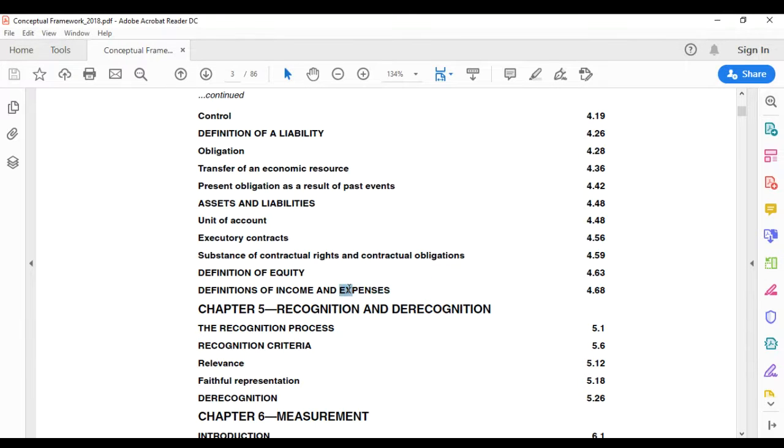So for each of them we're going to have a definition, and we must not only know the definitions, we must also be able to apply the definitions. The reason for that is I know that many of you already have developed a gut feel.